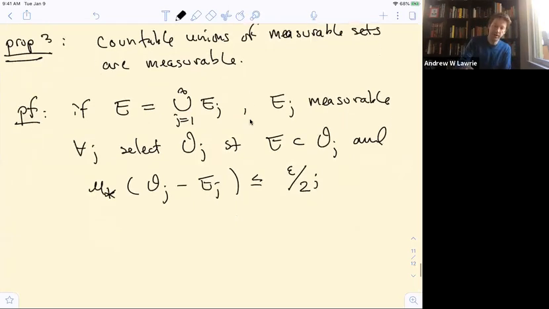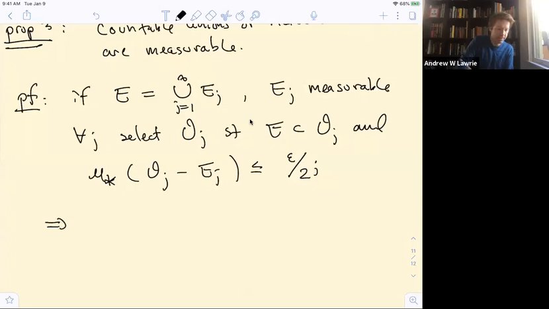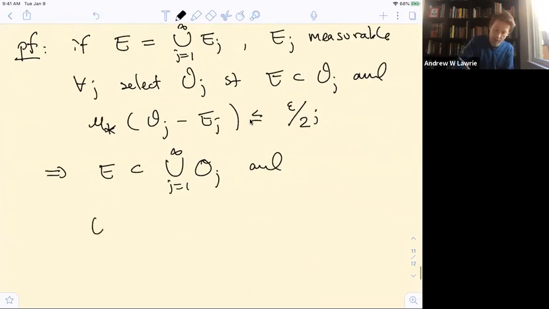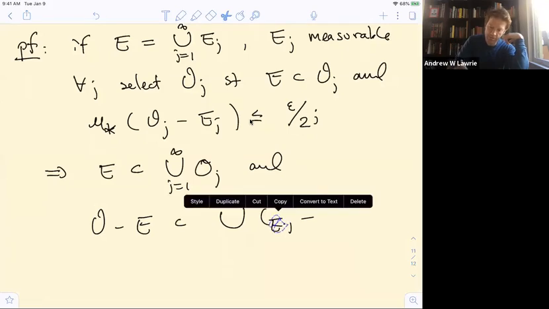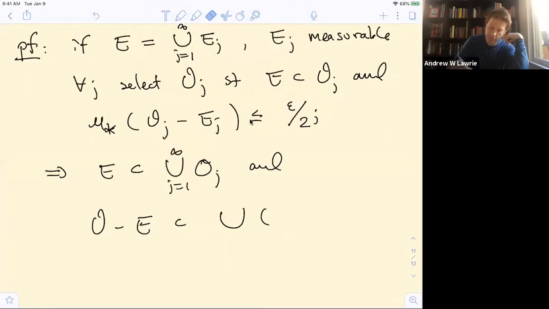We do this for each of these sets in the countable union. This means that E is inside of this union of the Oj's, and O minus E is inside the union of Oj minus Ej.